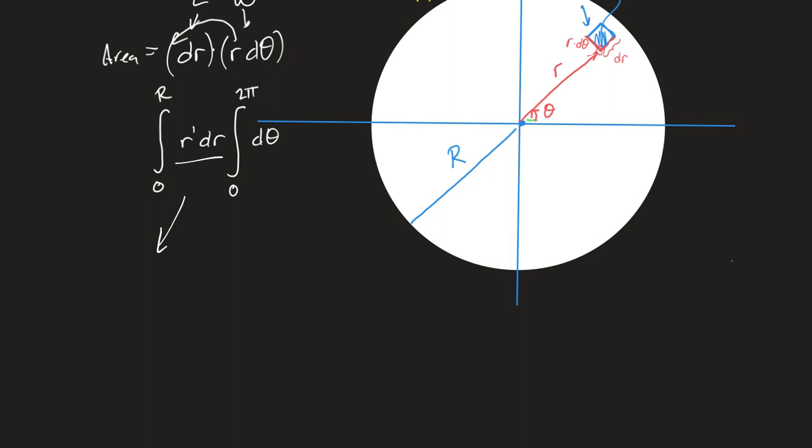I'll point out that this is r to the 1 power, and I'm taking my integral with respect to r, so r is the important variable, and it's a polynomial, so I can use the polynomial rule, which means add 1 to the exponent and divide by the new exponent. That gets rid of the integral symbol, but I have not yet applied my limits. Okay so far? All right, let's do the theta.